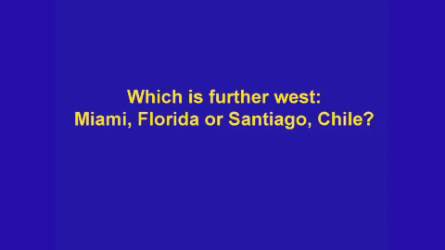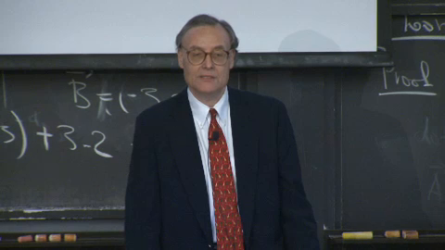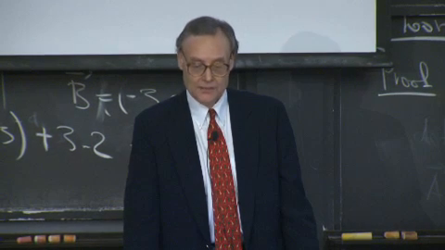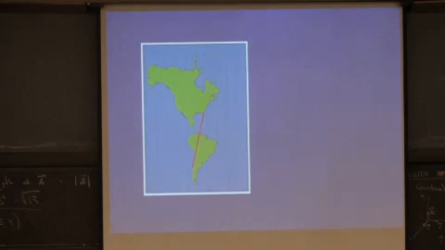We'll do one last one. Which is further west? Miami, Florida, which sits all the way towards the Atlantic Ocean, or Santiago, Chile, which sits towards the Pacific Ocean? Most people have a mental map that North America and South America are kind of lined up like that. And so you say, well, Miami is farther east and Santiago is farther west.